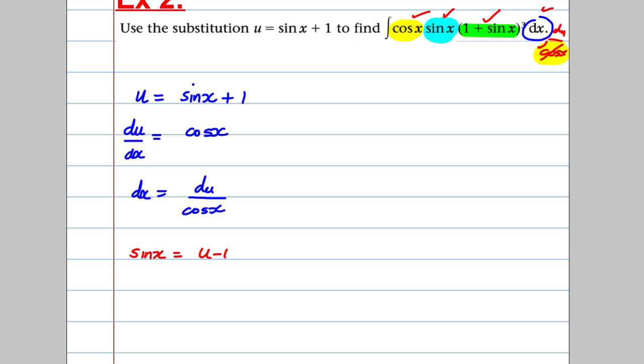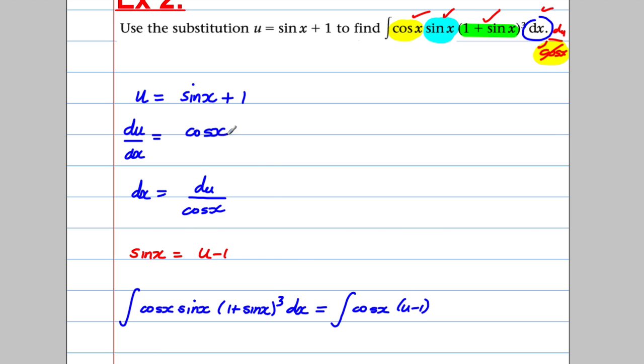So I'm ready to do the integration. So what am I trying to integrate? Well, I'm trying to integrate the cosine of x multiplied by the sine of x, 1 add the sine of x, all cubed with respect to x. And let's do this. Let's leave the cosine there for now. The cosine x, the sine x we said is u take away 1.